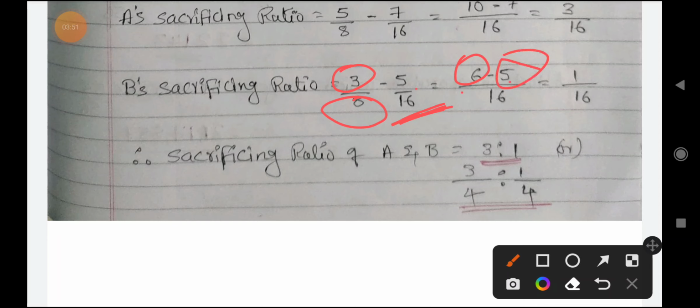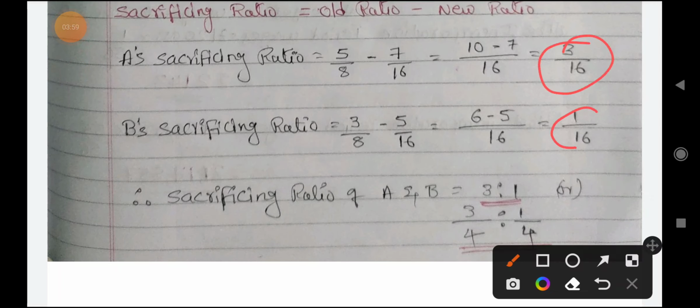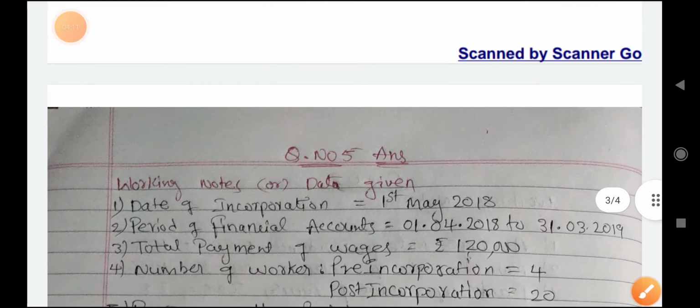So 6 minus 5 is 1, so 1/16. Therefore the sacrificing ratio of A and B is 3/16 to 1/16, that is 3:1 or 3/4, 1/4. This is how we need to do the sacrificing ratio.